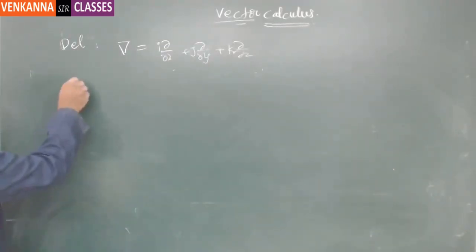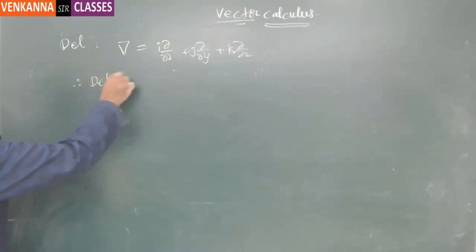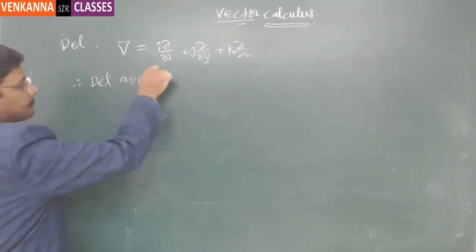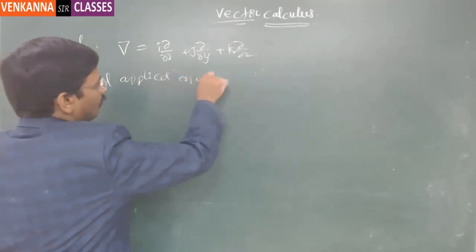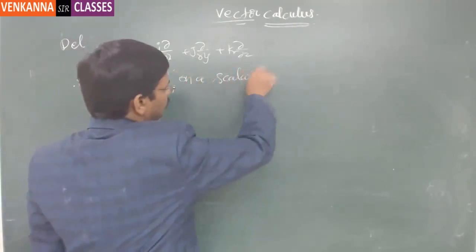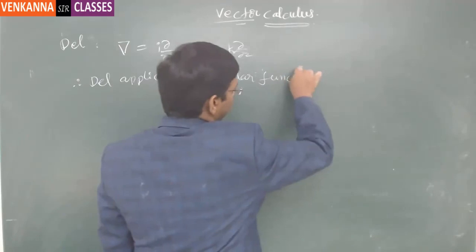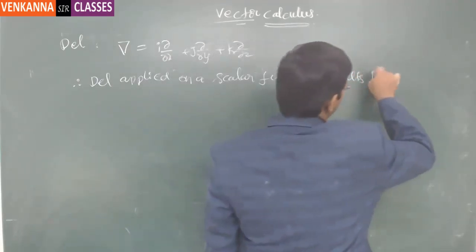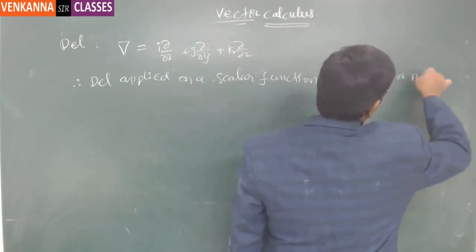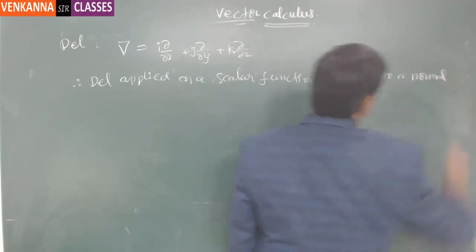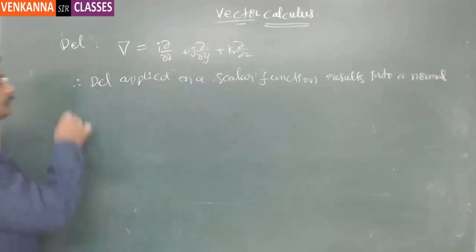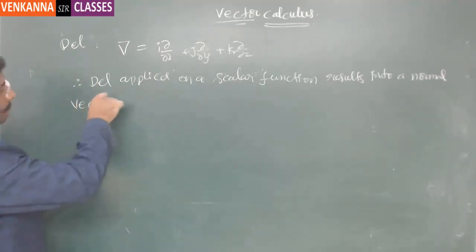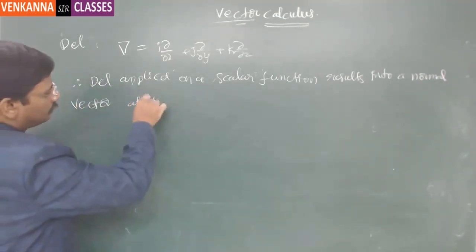So therefore del applied on a scalar function results into a normal vector at the point of surface.